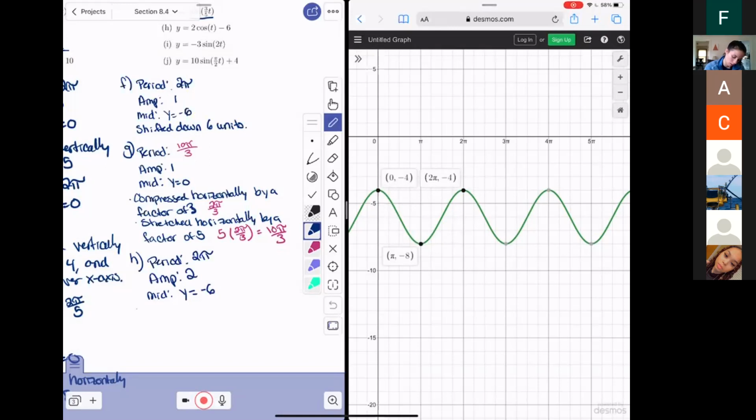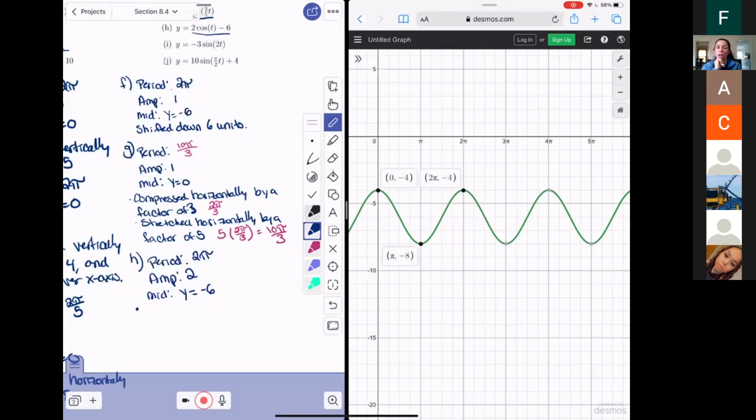Lastly, we have to determine our transformations. So we have 2 cosine of t minus 6. And remember there's that order of operations. Nothing is happening to the input.